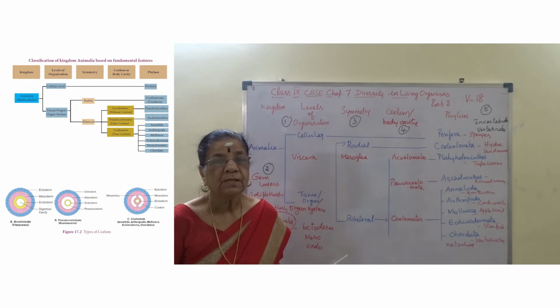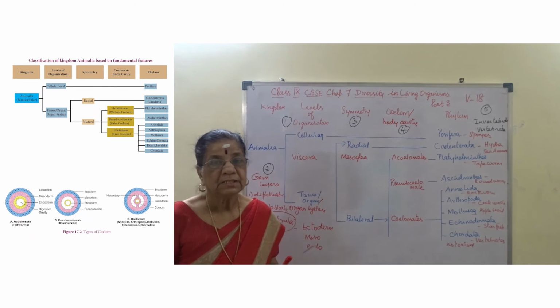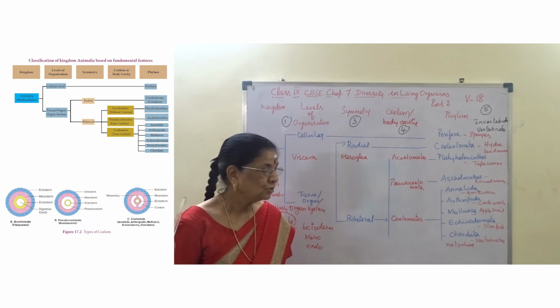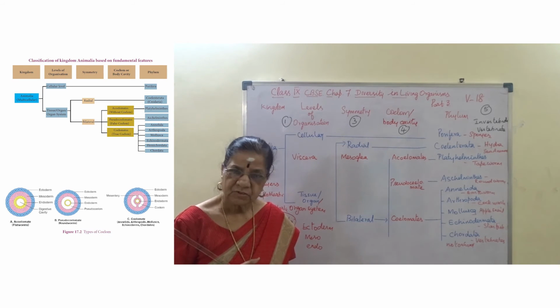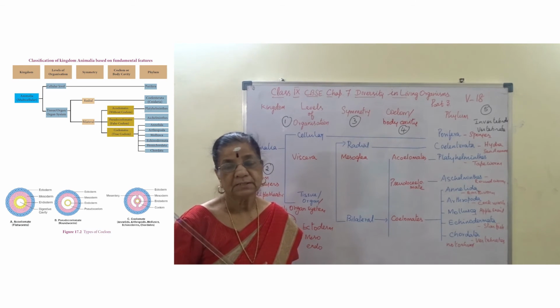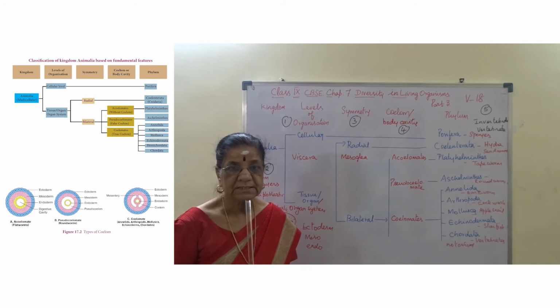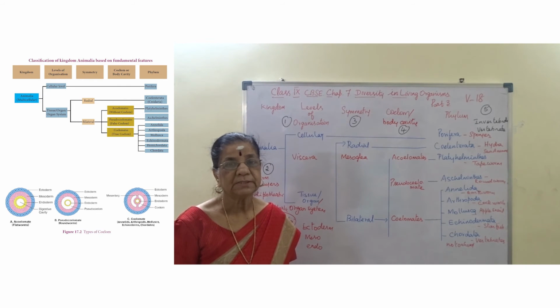For example, fish is a primitive vertebrate, not having a well-defined backbone or vertebral column like us. It is represented by a simple notochord structure, which on further evolutionary changes develops into the fully developed, typical vertebral column in higher animals.